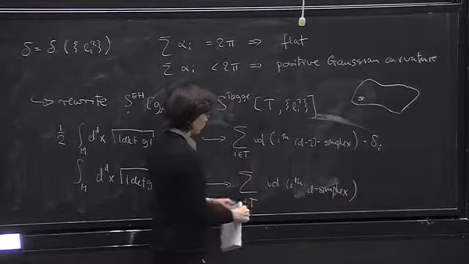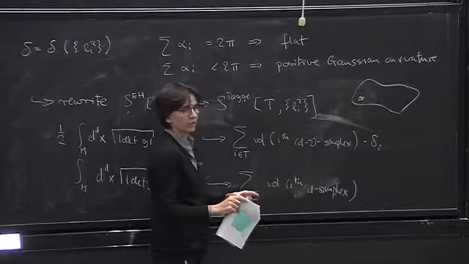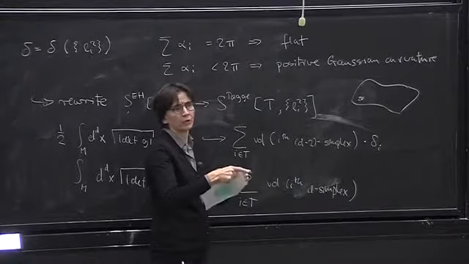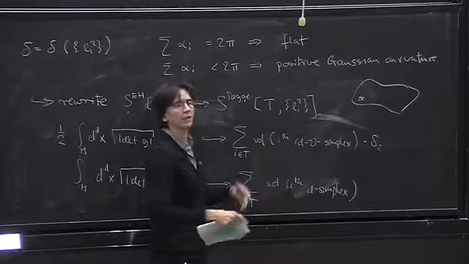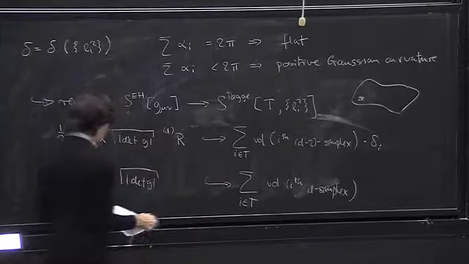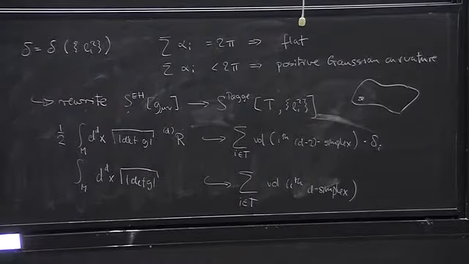In 2 dimensions, this is the sum over triangles, and for each triangle, I look at its volume, and I add them all up, and then I have the volume of the 2-manifold. So this is clearly a transparent definition.